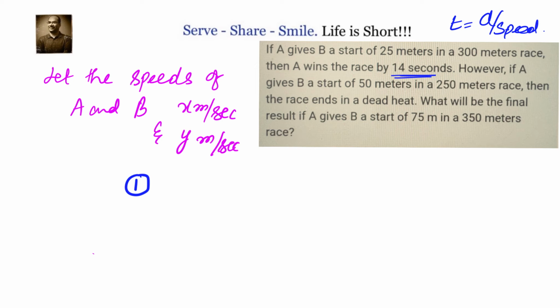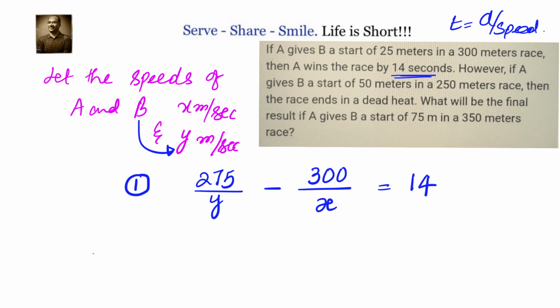The distance B is racing is 300 minus 25, 275, divided by speed of B, y meters per second, minus the distance A runs, 300, divided by the speed of A, x meters per second. In that case, A wins the race by 14 seconds. This is our equation 1.